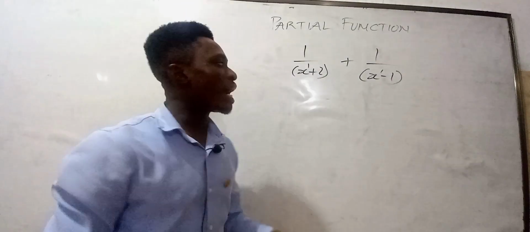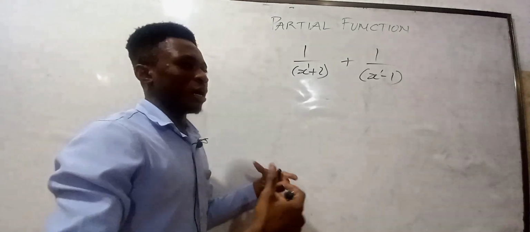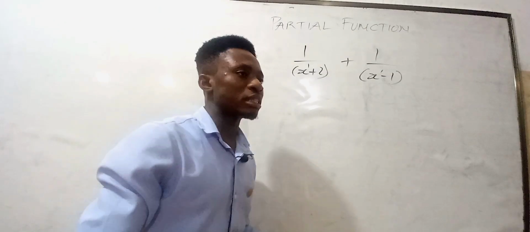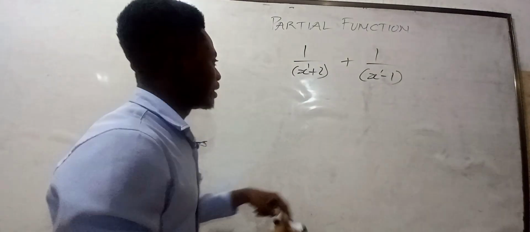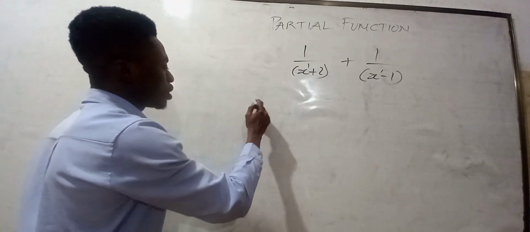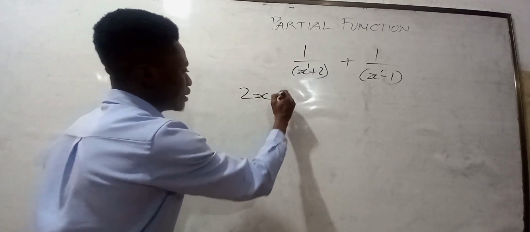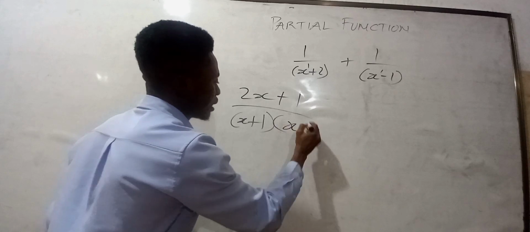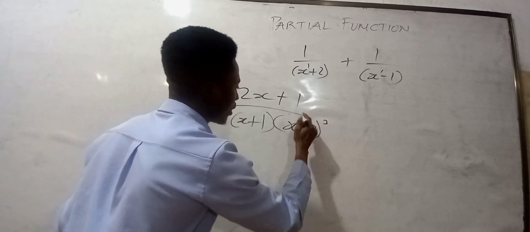The other type is when it has a repeated binomial, in the sense that the question comes in this form, maybe x plus 1, x plus 2 to the power 3.